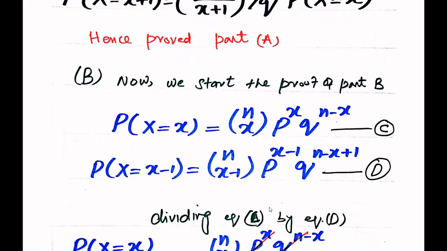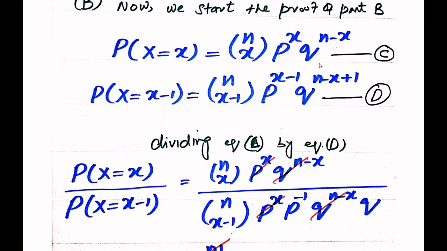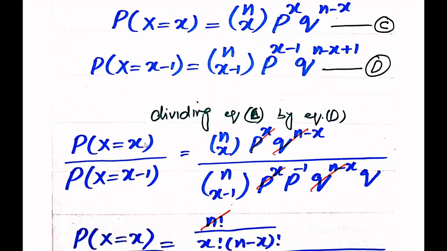Now we start to prove part B. First, assume the probability mass function of the binomial distribution, which is nCx p^x q^(n-x), and probability of capital X is equal to small x minus 1, nC(x-1) p^(x-1) q^(n-x+1), dividing equation C by equation D. So probability of capital X is equal to small x divided by probability of capital X is equal to x minus 1, and here nCx p^x q^(n-x) divided by nC(x-1).